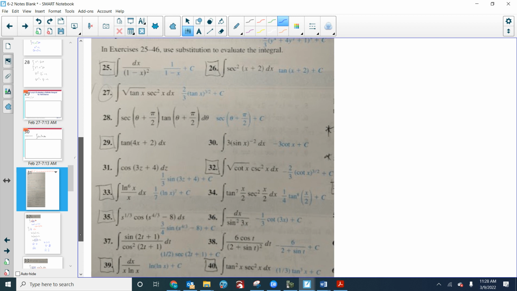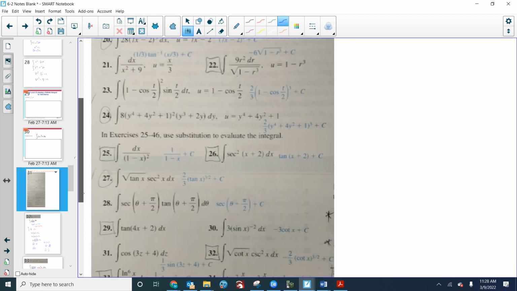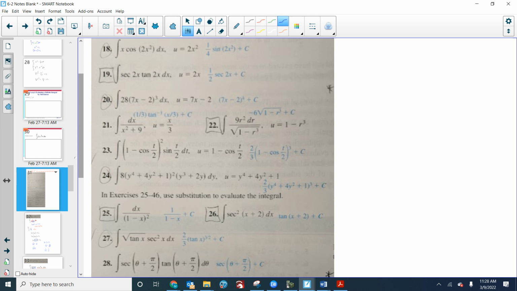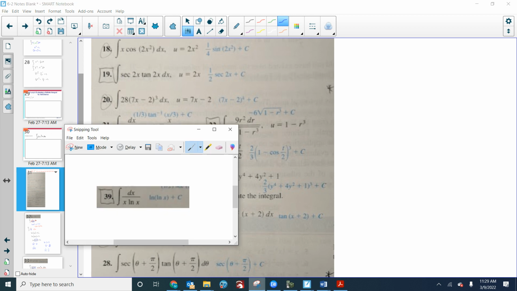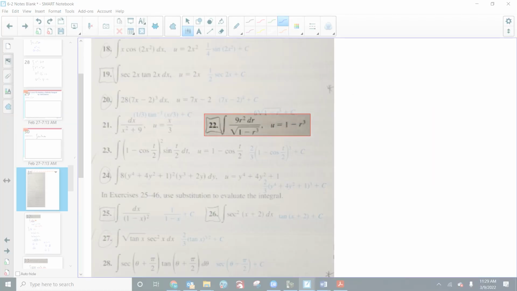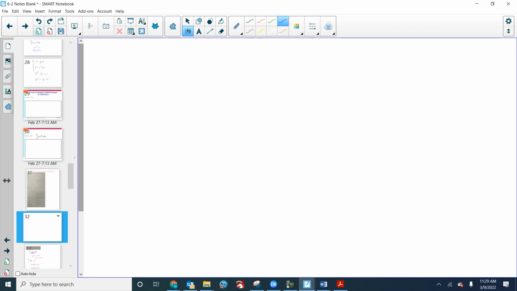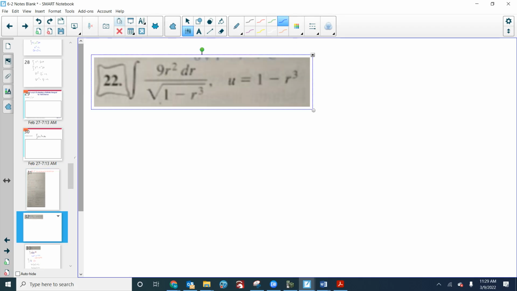Any others? Jaden. Problem 22. A little spicy, although it did have some training wheels on it. No, it's negative 6.